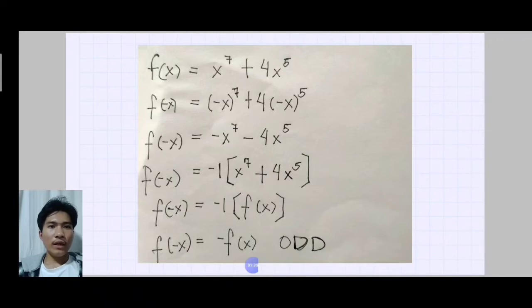If we multiply it by negative 1, it is x to the power of 7 plus 4x to the power of 5. It is the same as the first line. So f of negative x is equal to negative f of x, so this example is an odd function.